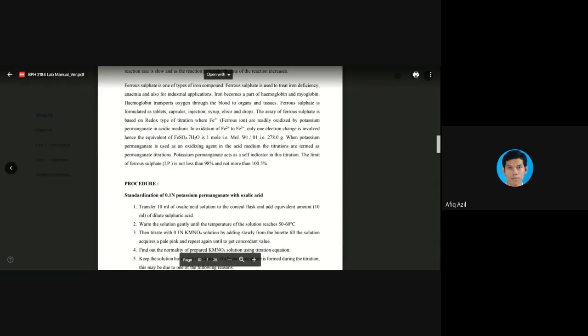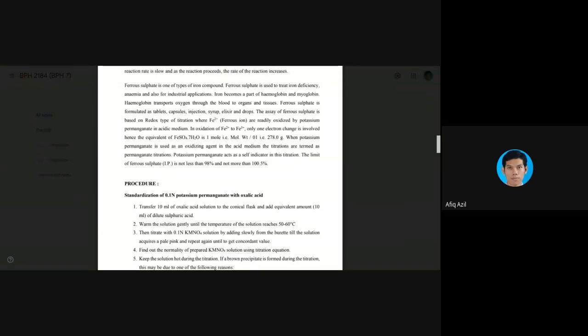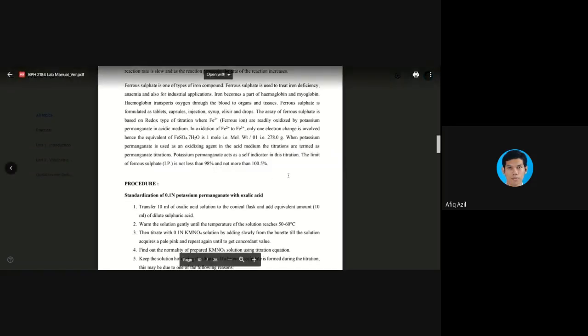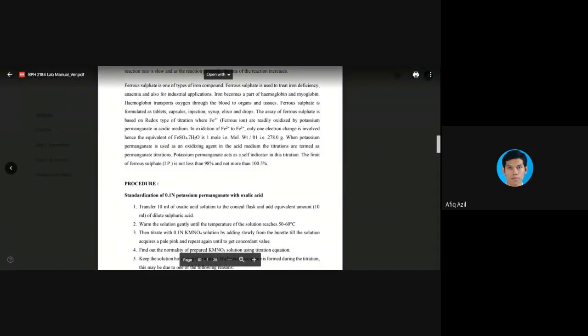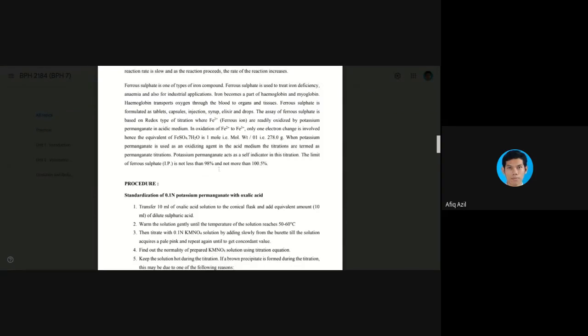Here the limit of ferrous sulfate, meaning the result that should be obtained, should not be less than 98% and not more than 100.5%. These are the values you should get for the experiment. But it doesn't mean that if you get less than this, your experiment is wrong; it means that the sample itself does not meet the expected values.